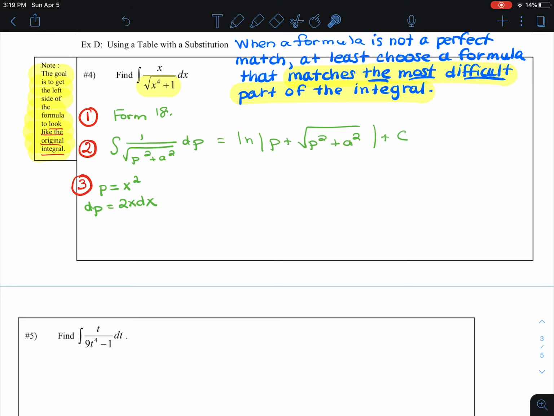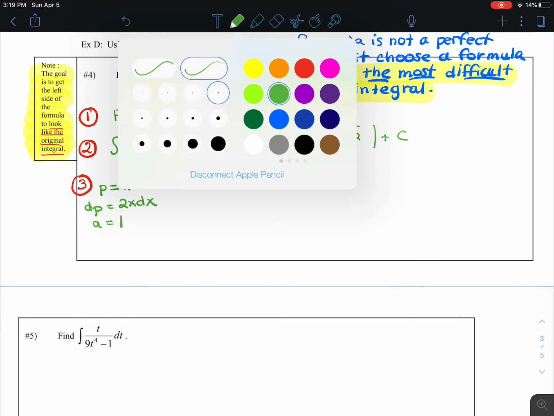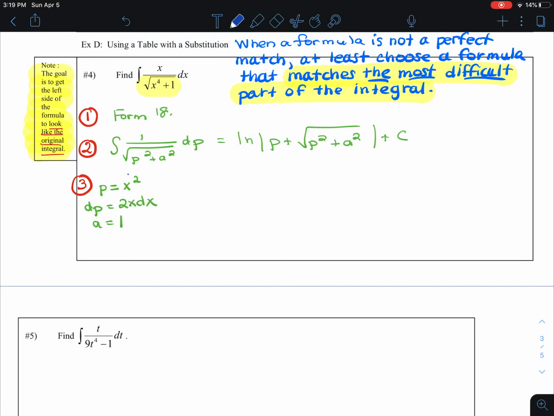So I'm going to be substituting in place for the dp, a 2x dx, and then obviously the a, see how it was just a 1 here? I would want to substitute a 1 in for the a so that when I square a 1, it stays 1. Okay, so let's go ahead and try that here. Let's take all three of these substitutions. I'm going to make those substitutions on the left-hand side first.